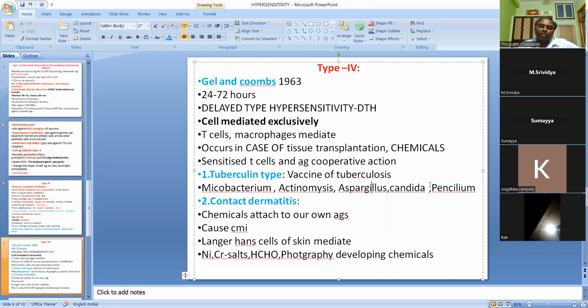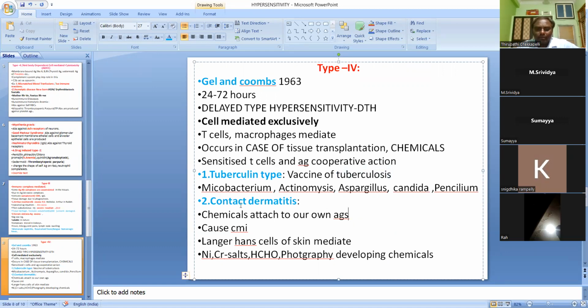So when we deliberately give more sensitized antigen, the tissue damage generally occurs in the lungs, wherever these pathogens reside. As it was first identified in tuberculosis experiments, this reaction is called tuberculin type of type 4 hypersensitivity.